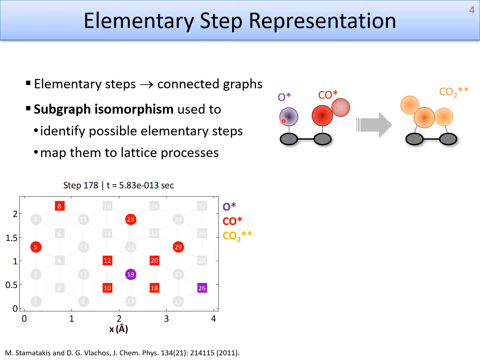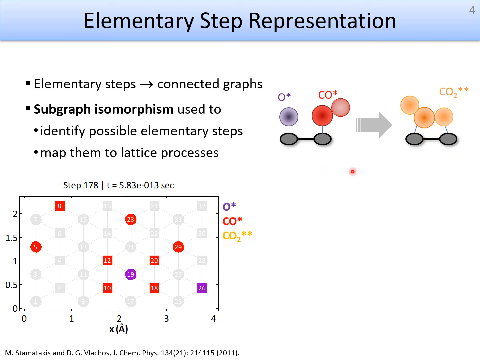This is covered by oxygen. The other site is covered by CO. So this is the initial state of the elementary event, and the final state would be CO2, the bidentate species that sits with this subunit on site 1, this subunit on site 2.